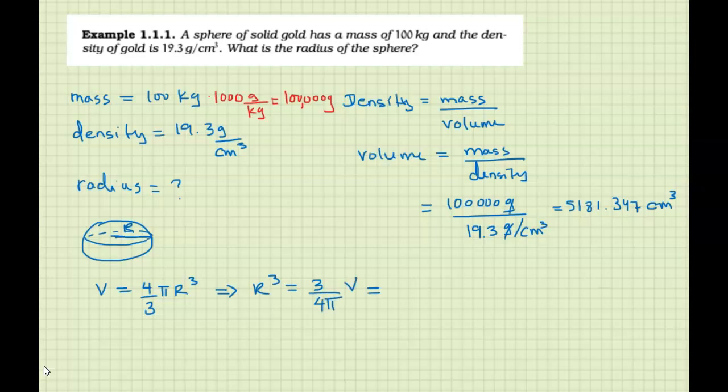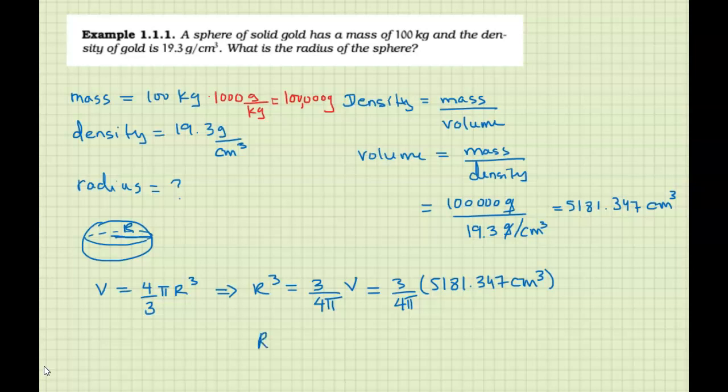Let's plug that number in: 3/4 pi times 5181.347 centimeters cubed, so times 3 divided by 4 divided by pi.